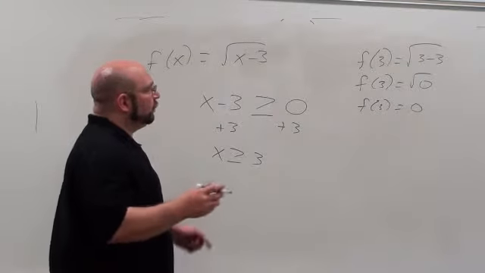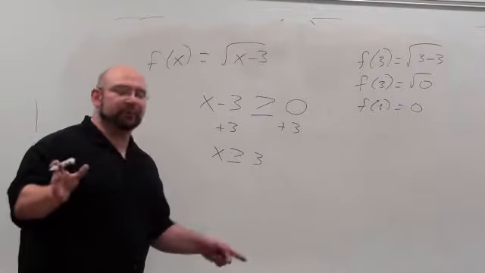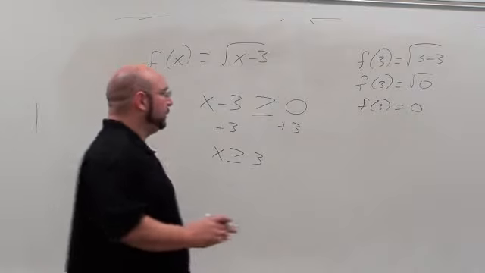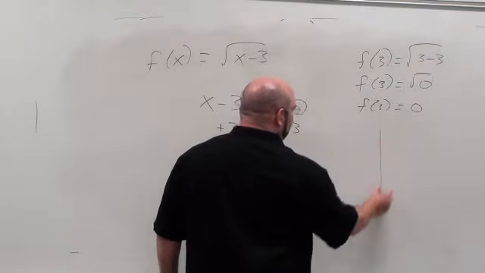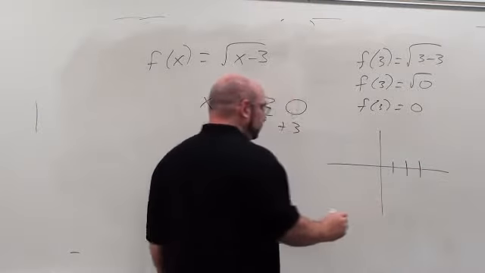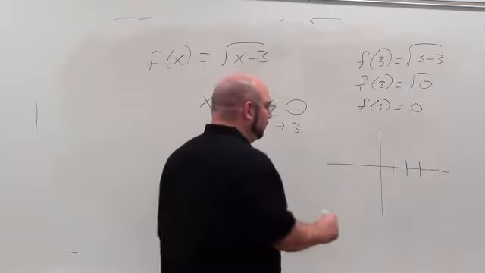If I wanted to use a 4, a 5, a 6, a 10, a 50,000, whatever it is, I can use that. But x has got to be greater than or equal to 3. So here's the deal. 1, 2, 3. When x is 3, y is 0.